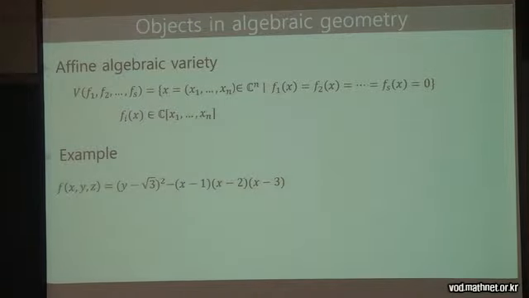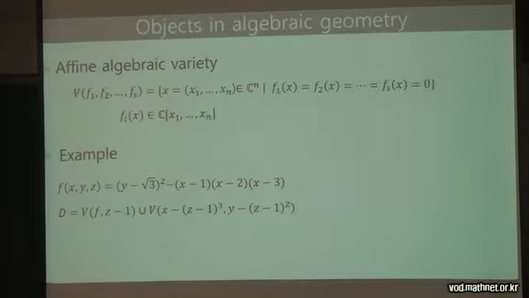An example is the elliptic curve. If you take the cubic equation, then we usually use this notation V of these polynomials. So V of f and z minus 1 union V of these two polynomials.